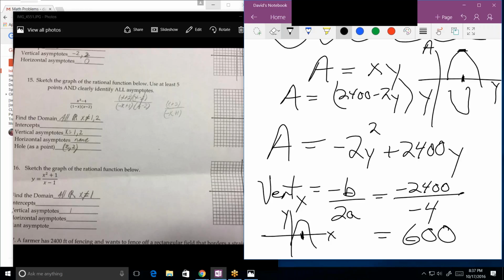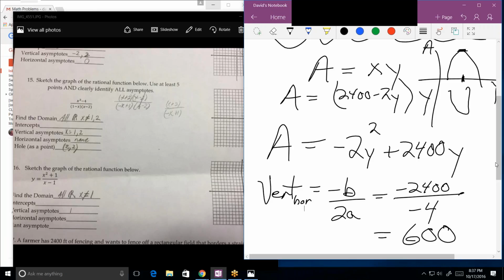Well, this problem is a little different. It just turned out that randomly solving it, it's the vertex of the horizontal coordinate. And in this case, y is the horizontal variable. So this is the vertex of y. So y is 600 feet.